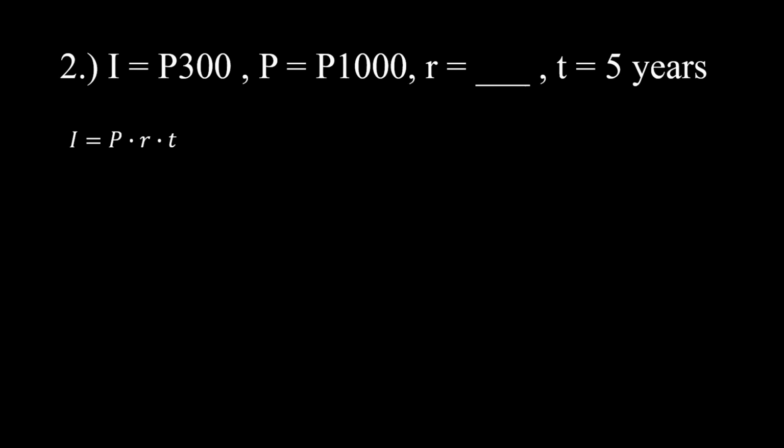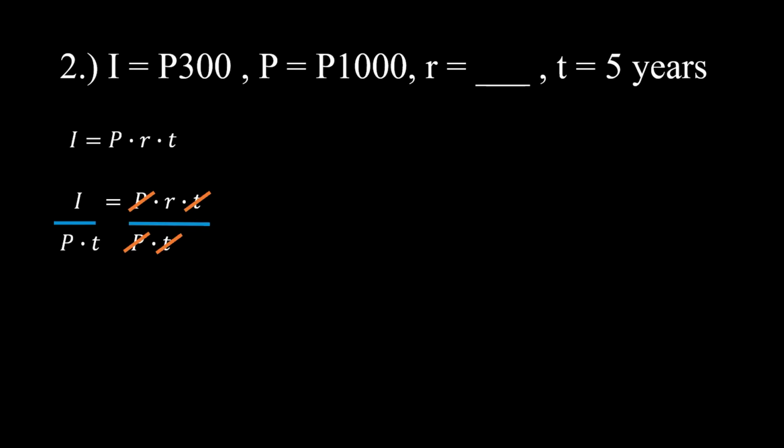For us to derive the formula of rate, we will be dividing this original formula by P times T, so that we can cancel out the principal and time.